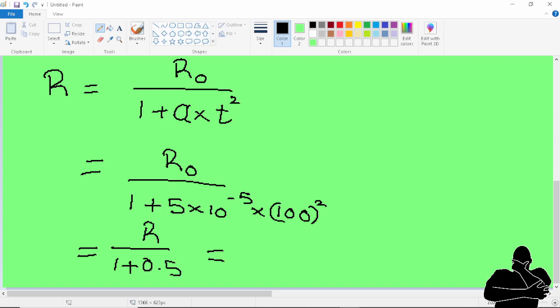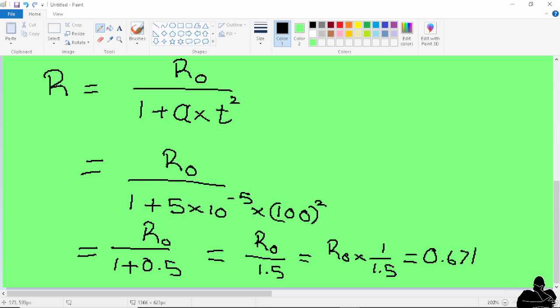So now we get R0 over 1.5. R0 over 1.5 is the same as saying R0 times 1 divided by 1.5, and 1 divided by 1.5 is 0.66 recurring. So we get R is equal to the final answer of 0.67 R0.